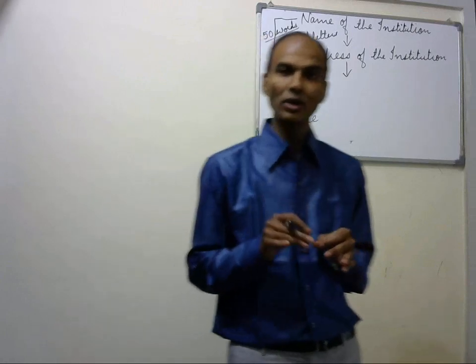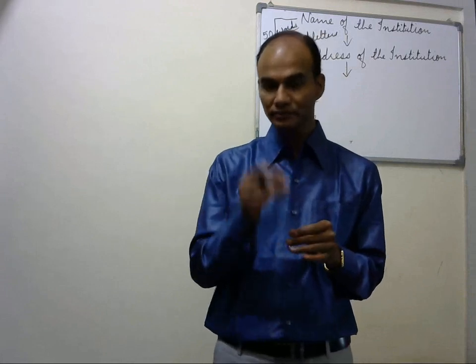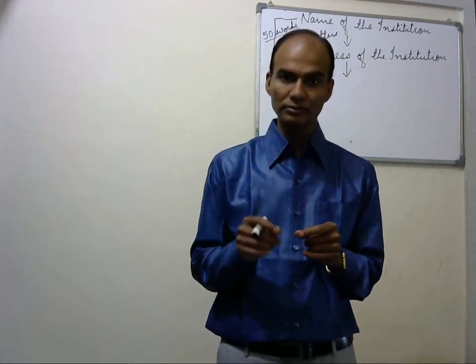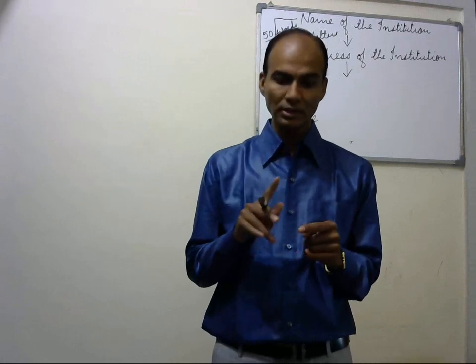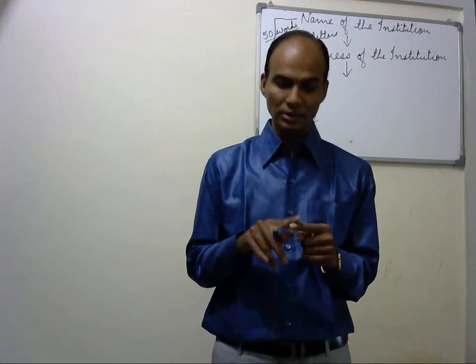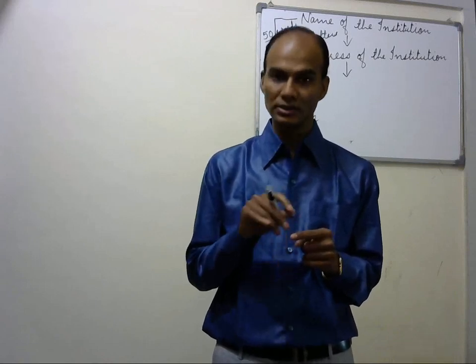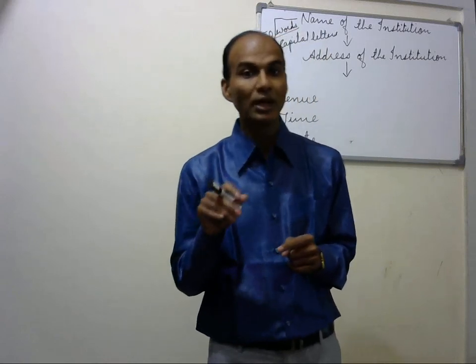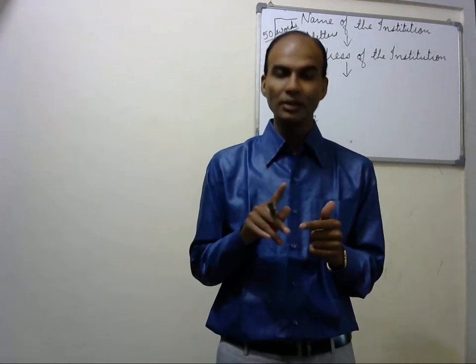So avoid the common mistakes, common errors that I mentioned. Again, I am mentioning those mistakes one by one in one go. Don't use cursive writing or small letters from the name of the institution up to the title.